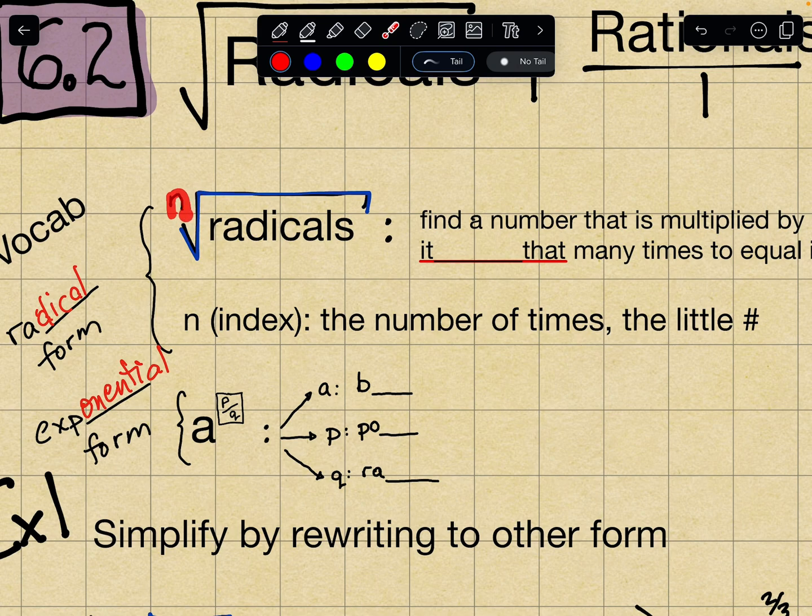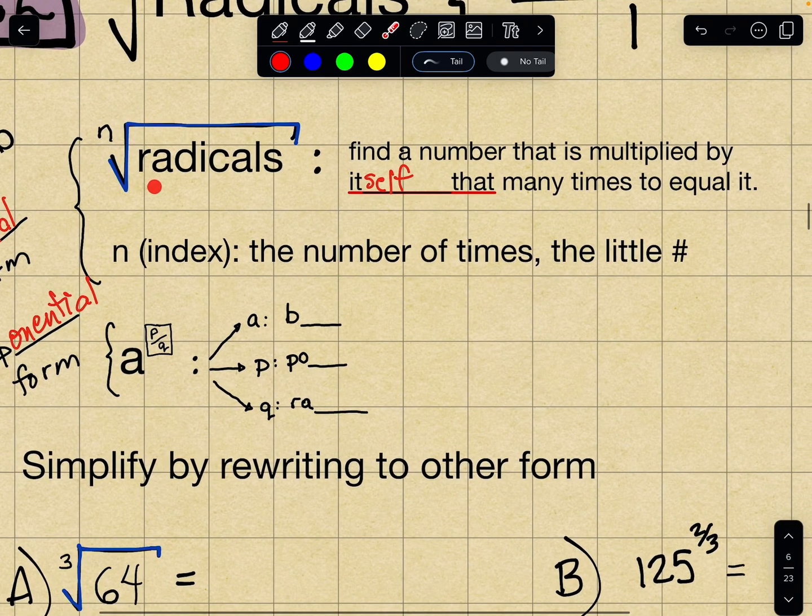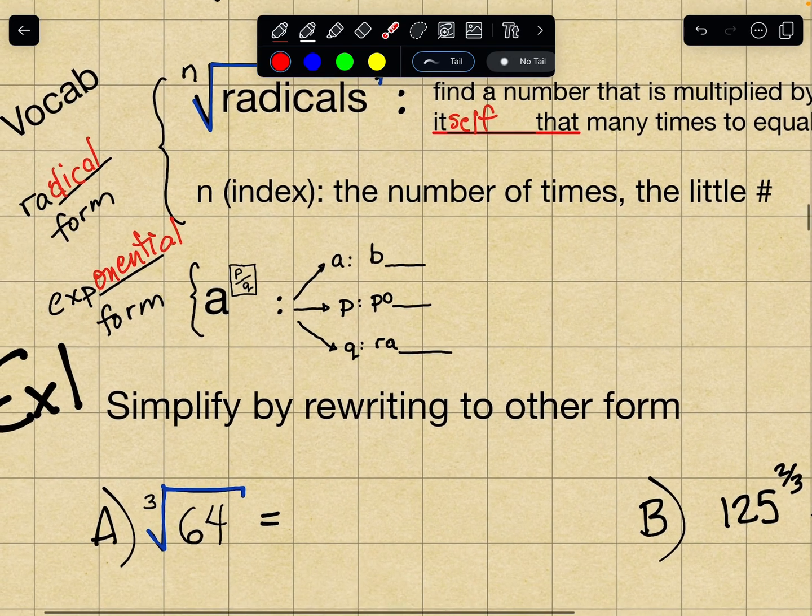Now this number in front of the radical, kind of in front and up high, we call that little number the index. That tells me how many times you're multiplying it. All right? And a radical always asks, find a number that's multiplied by itself that many times, whatever n says, to equal that number that's in there. And we'll practice that some more in the homework.